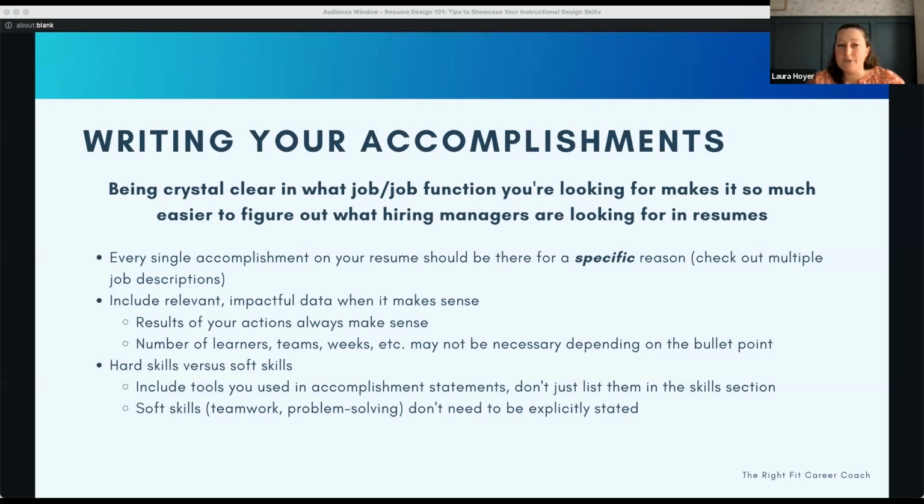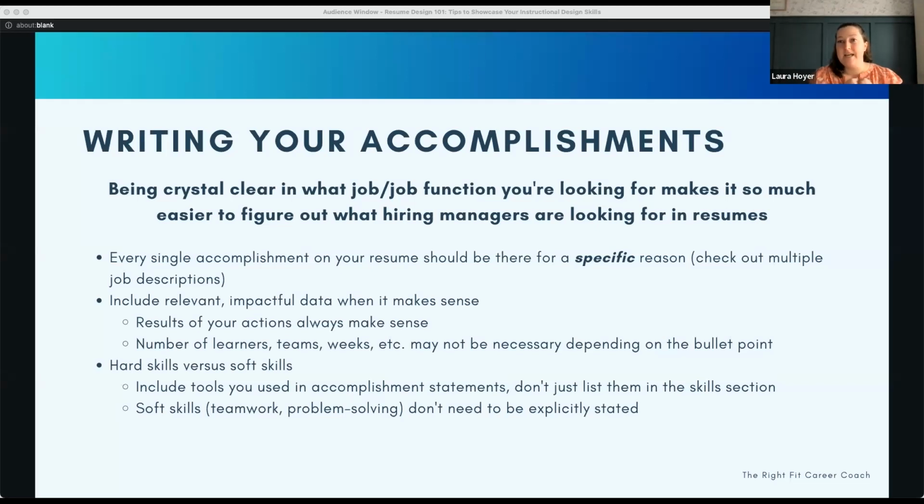You should also include relevant, impactful data when it makes sense. So think of it this way. Corporate, especially, whether you're higher ed or not, always wants to know, was it worth the time and money and effort we put into something to get some results back?